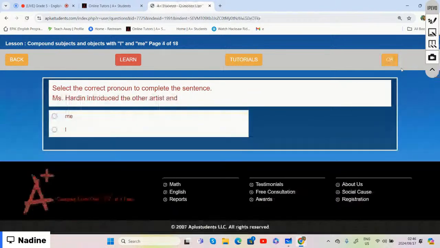Miss Harden introduced the other artist and me, or do we say Miss Harden introduced the other artist and I? Which one is correct?